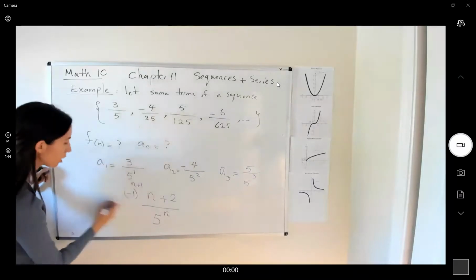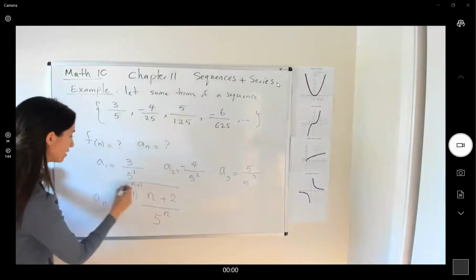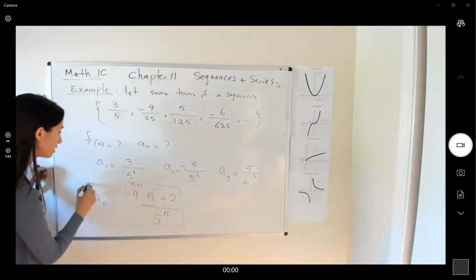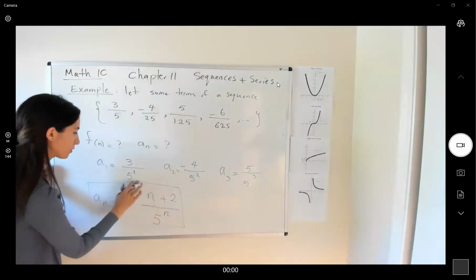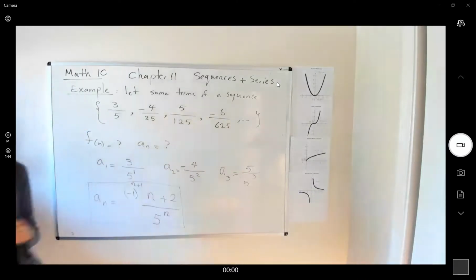So it seems like the general formula for this sequence has this format. By analyzing your terms, you can come up with the general format of your sequence.